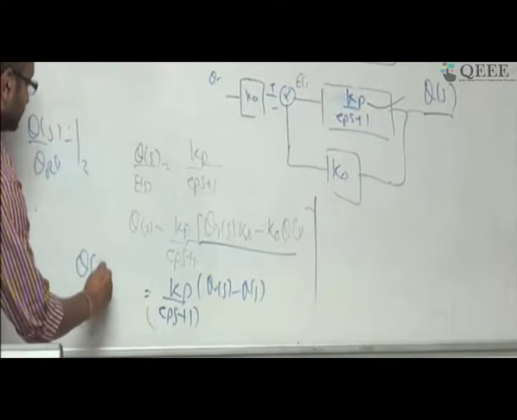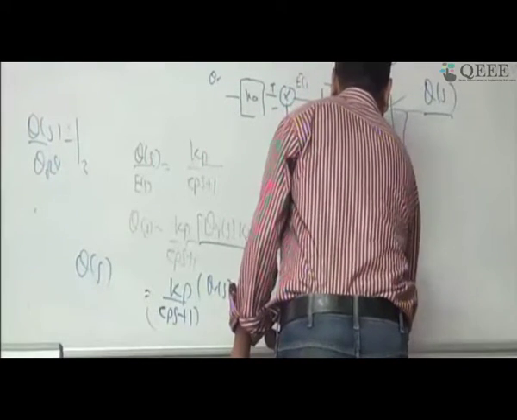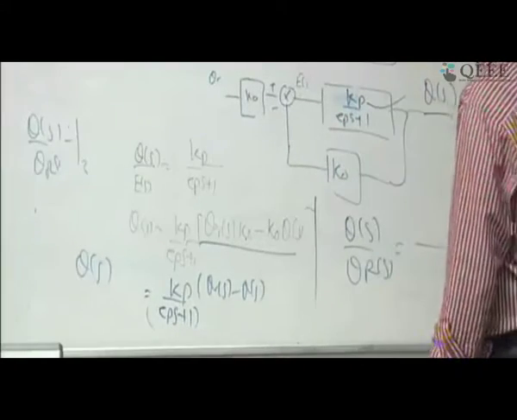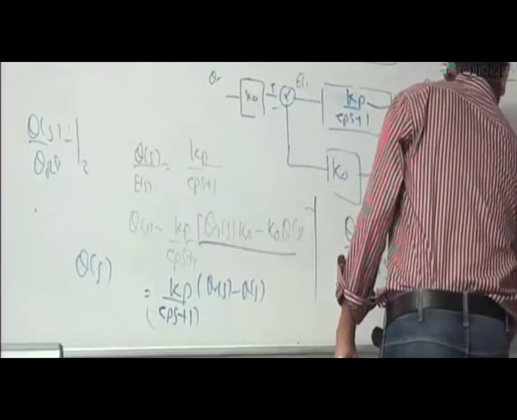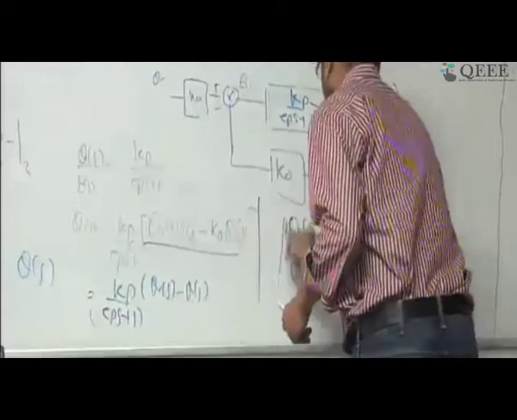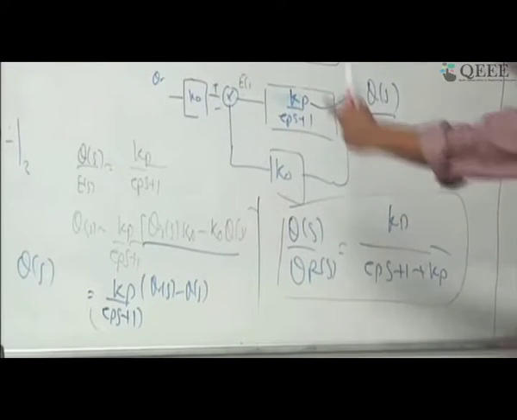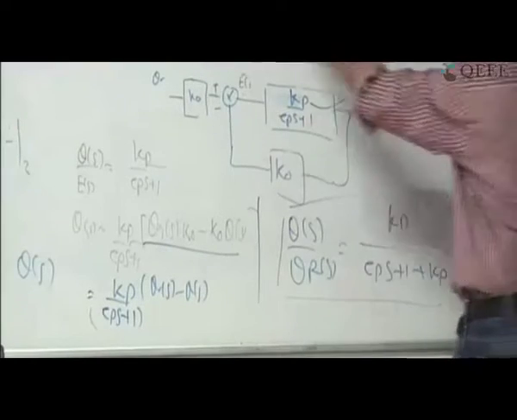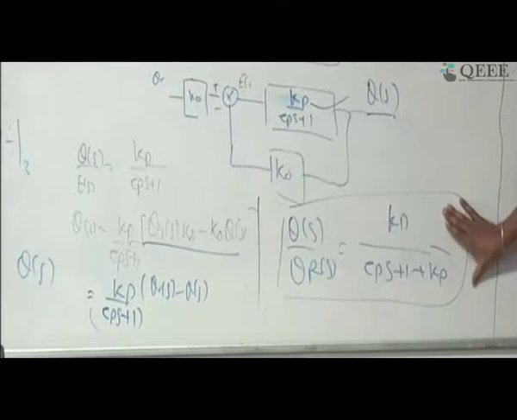If you take this term to this side, theta s by theta rs is going to be Kp divided by tau p s plus 1 plus Kp. This is the term you are going to get. It's a small manipulation and you can get it. So this part is clear. I am interested in finding out the entire transfer function of the system, theta by theta r. So theta s by theta rs is Kp divided by tau p s plus 1 plus Kp. Is that part clear?